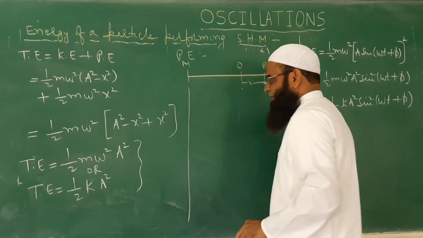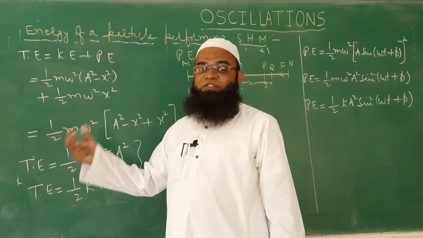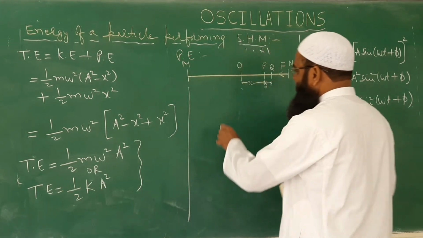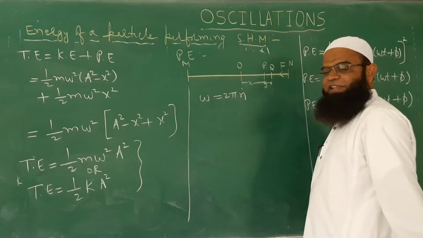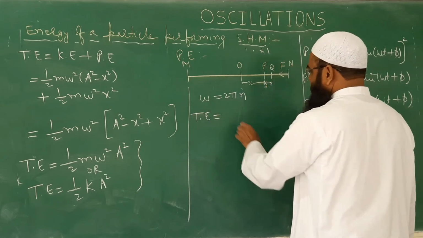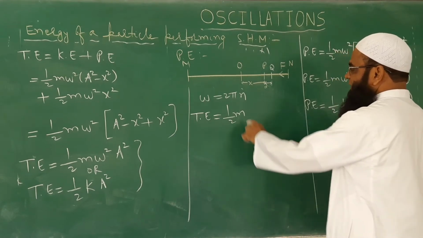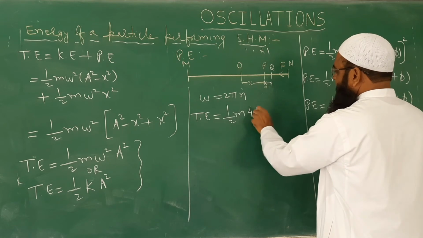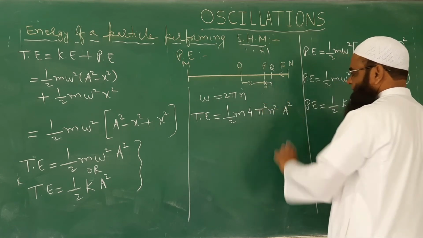Now from this, we can show on which factors total energy depends. As we know, omega is equal to 2 pi n, where n is the frequency. So total energy is half m, and in place of omega we write 2 pi n. The square of omega gives 4 pi square n square a square.